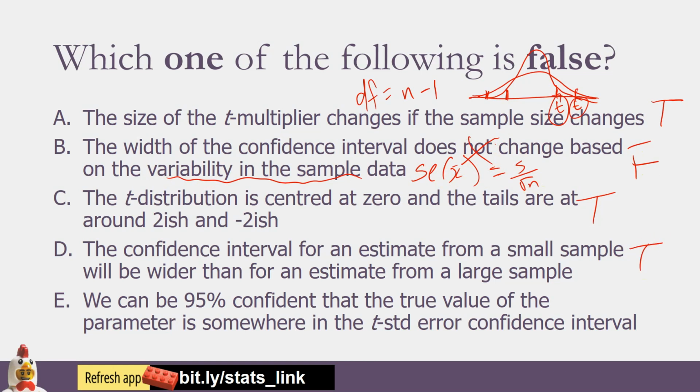Now, the last one: we can be 95% confident that the true value of a parameter is somewhere in the t-standard error confidence interval. This is really the key part of what we've done as we've changed from a bootstrap interval to a t-standard error confidence interval. In a bootstrap interval, we always took the middle 95% of the bootstrap distribution.